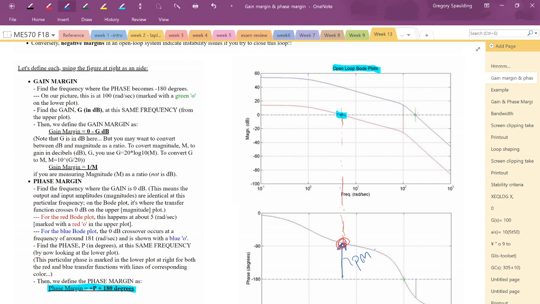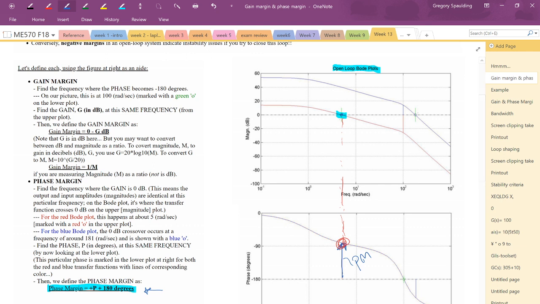And if you want to calculate it, you can use this little equation here that I highlighted. The phase margin is the phase. In this case, it'd be minus 85 degrees plus 180. So that would get us something around 95 degrees as our phase margin.